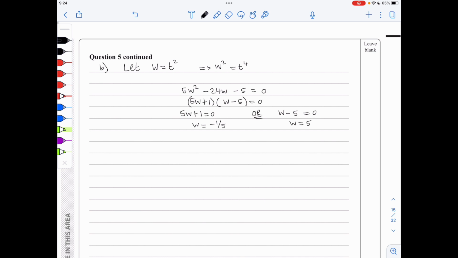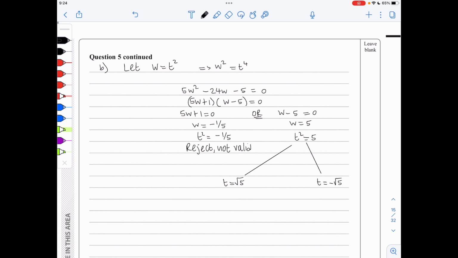Well, w is t squared, so t squared is minus a fifth has to be rejected. It's not valid because something squared can never give you a negative result. And on the other hand, we've got t squared is 5, which means that either t is root 5 or t is minus root 5.